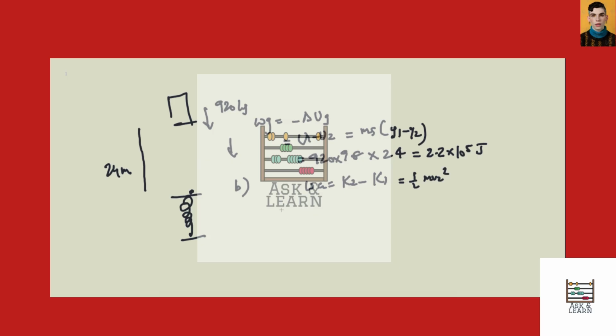So work done by gravity is mg times y1 minus y2. Now this y1 minus y2 is 24, we know. That should be equal to half m v2 squared. Therefore v2 is equal to the square root of 2g times y1 minus y2.